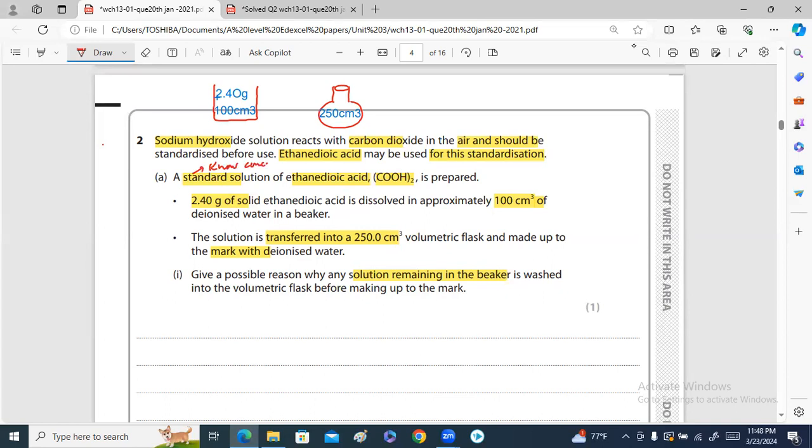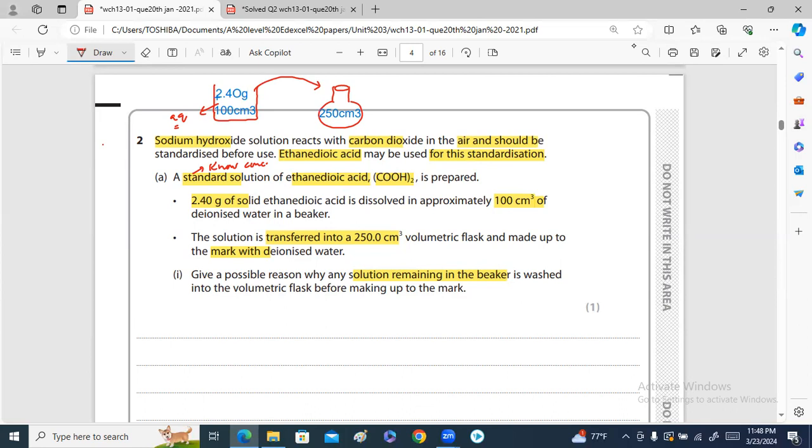Now, 2.40 grams of solid ethane dioic acid is dissolved in approximately 100 centimeter cube of deionized water in a beaker. So this is a beaker in which 2.40 gram of ethane dioic acid is mixed with 100 centimeter cube of water. If we mix, we will get an aqueous solution of ethane dioic acid. Now this solution is transferred to the volumetric flask.